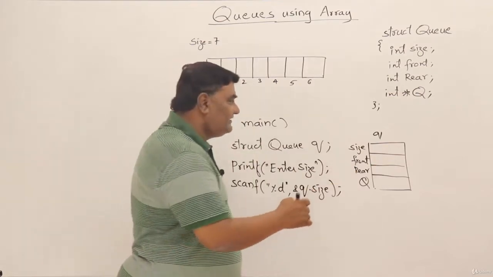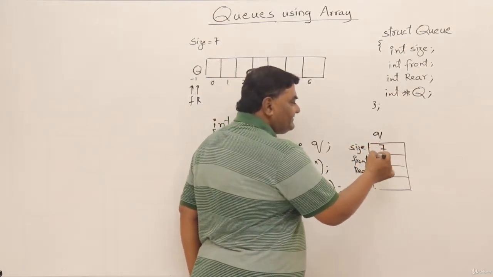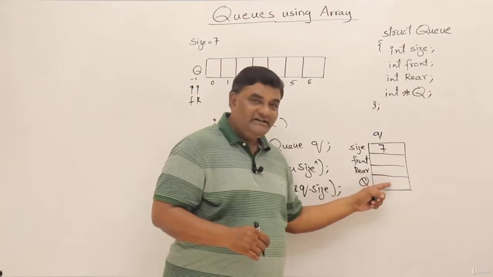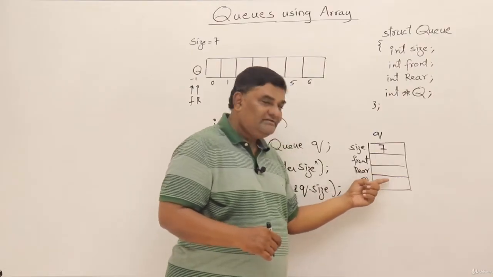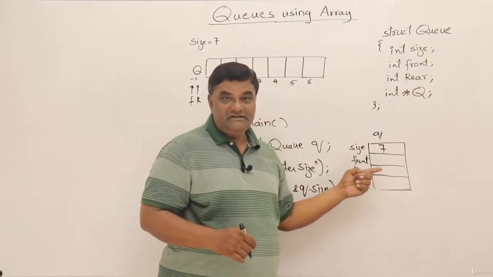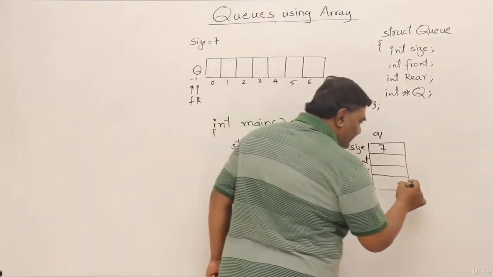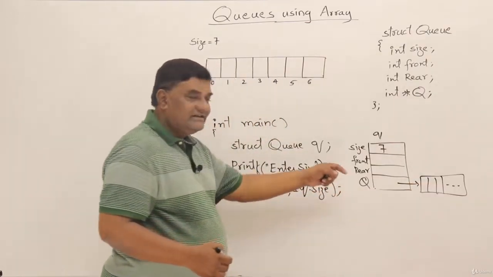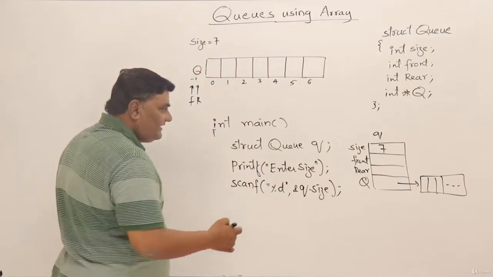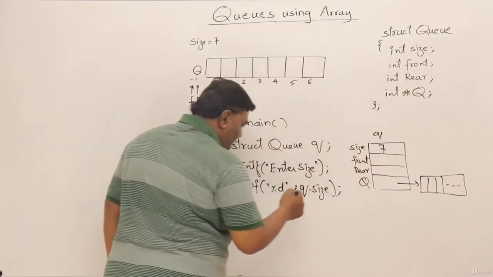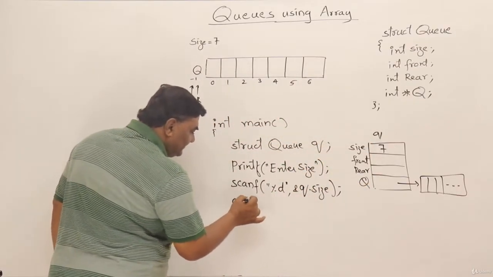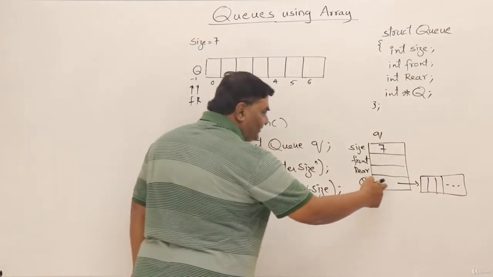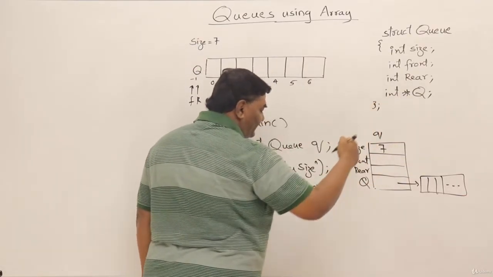Suppose the size is 7. Then based on that size, I should create an array of size 7 and attach it to the pointer q. So I should say q dot q. Here q is a variable name and it has a member q, which is a pointer to an integer array. This is an address pointer.